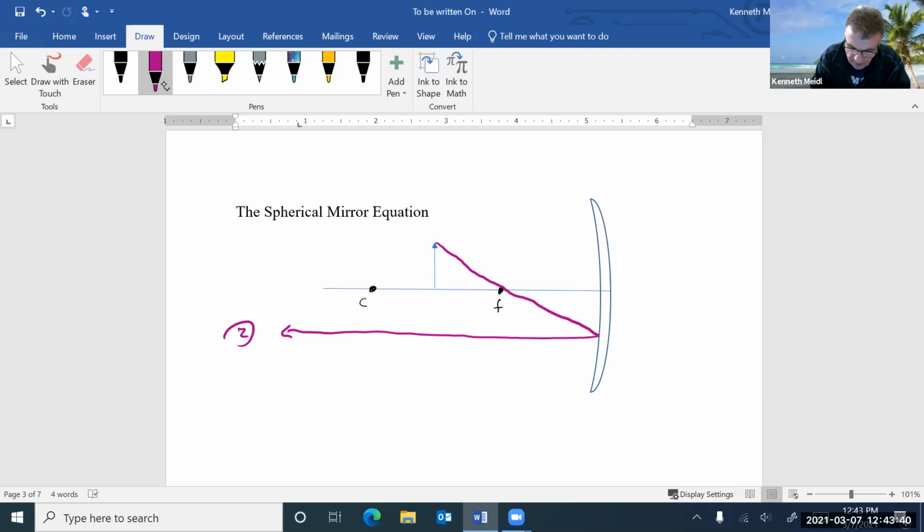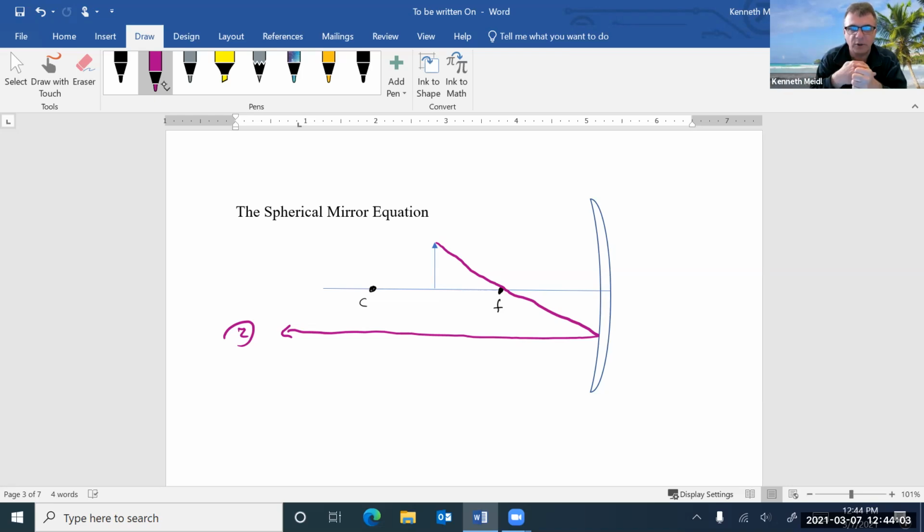And I like that ray because I have an idea in the back of my head of what I want here. And what I want is exactly what we had in the thin lens situation, that if I put an object someplace away from a lens, I know that object distance, I want this equation to predict where the image is going to be.